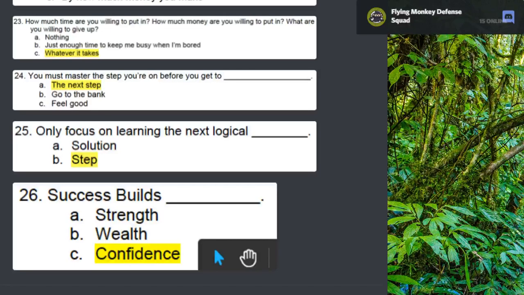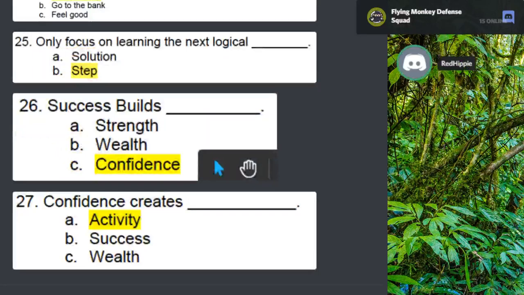Possibilities. You also get a point. It's activity. I don't remember that one. I kind of did go over it, but not really.